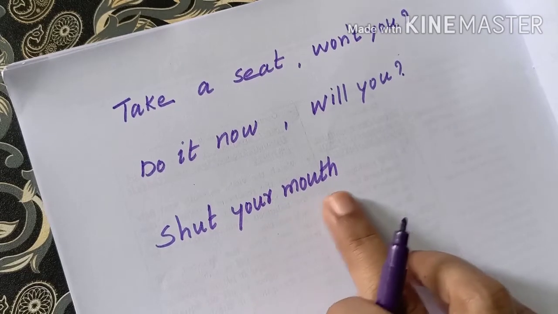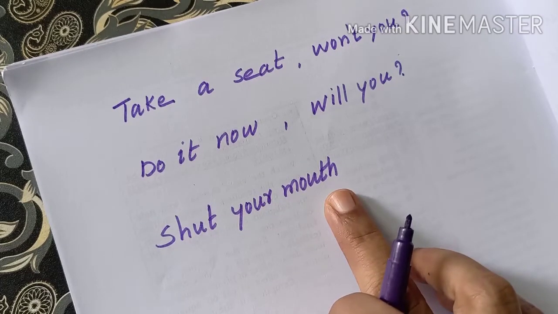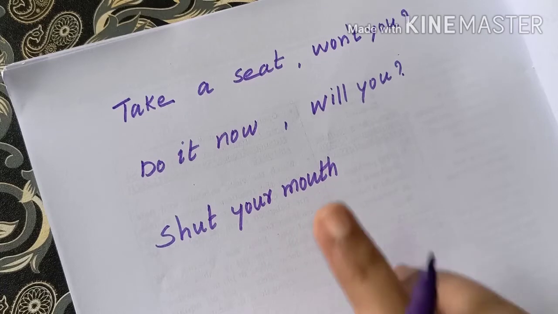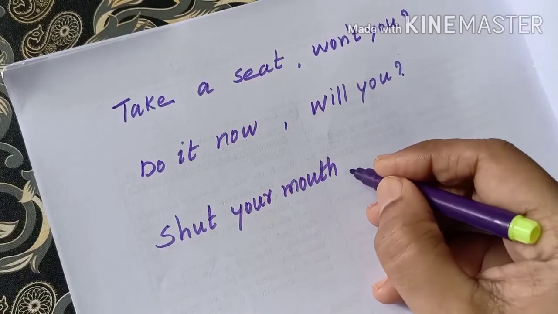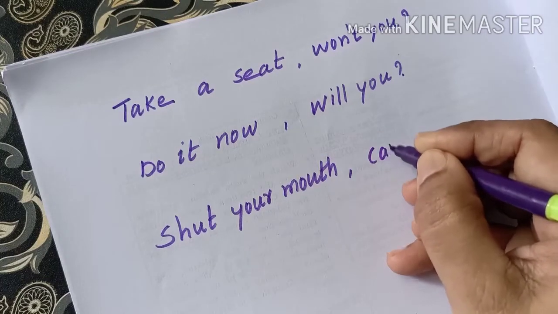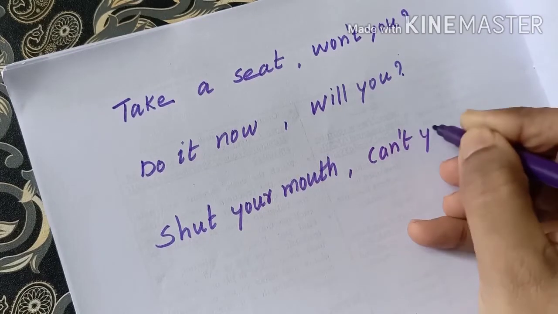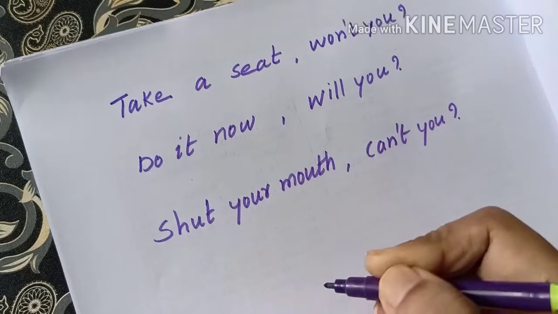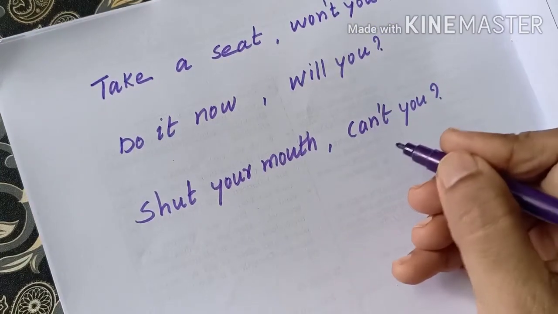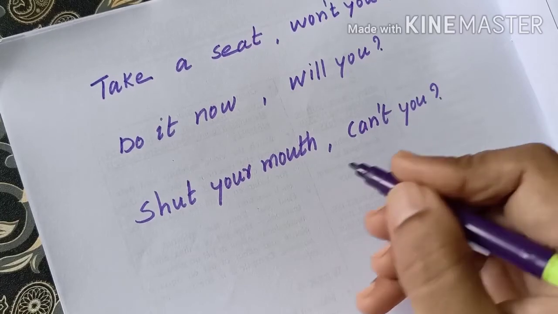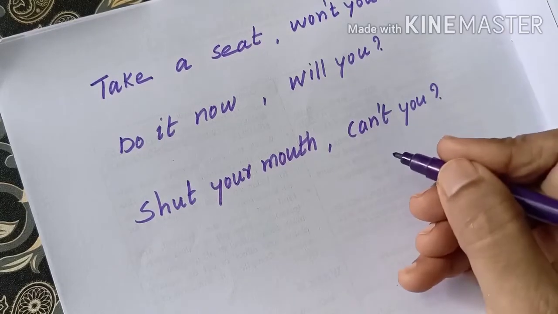We are telling them to shut their mouth. When we show impatience, in such cases, as I already told you, we will use can't you as the question tag, to show our irritation or impatience.